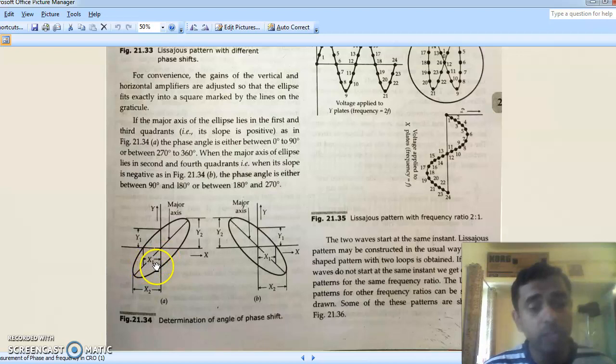Likewise, what is x1? This ellipse will be making an intercept with the horizontal axis, that is the x-axis. So this distance is x1, and the total horizontal distance is x2. Likewise, this is for the ellipse in the second and fourth quadrant.